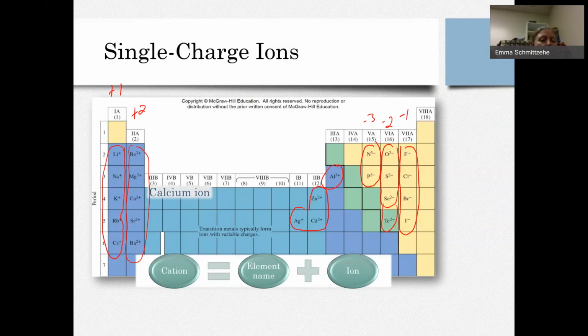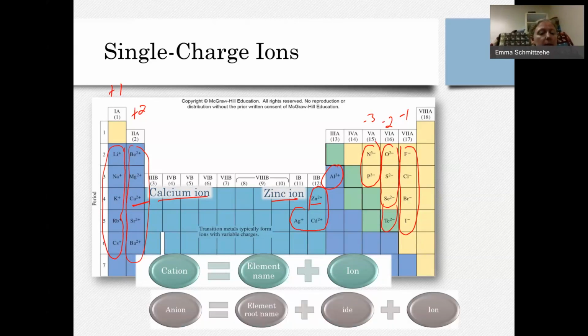So I've got some examples of these. As I put up here, we've got calcium ion, that would be Ca2+. Or zinc ion, that would be Zn2+, right? So it's just the element name and the word ion. Whereas, as I was saying, for anions, it's the element root name plus "-ide" plus ion, okay?